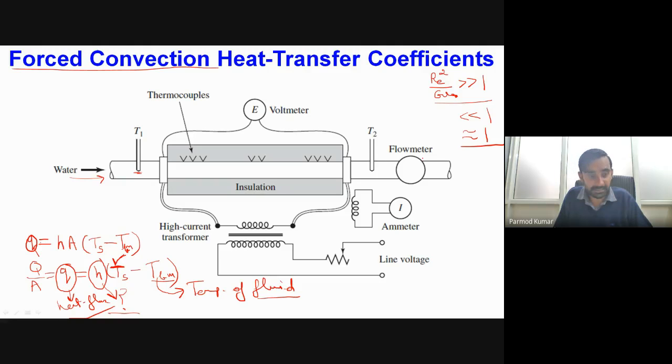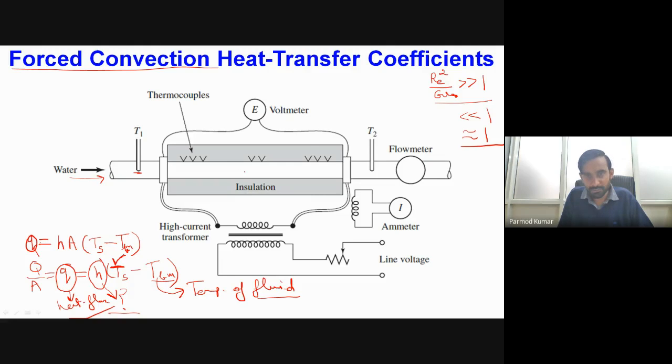Then, the convection, or the heat transfer from the tube surface to the fluid medium, will be significantly dependent upon the rate at which water is flowing through the pipe.